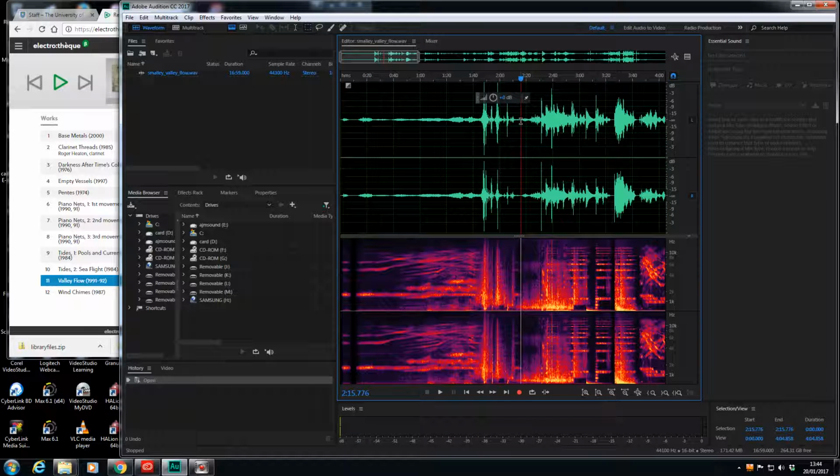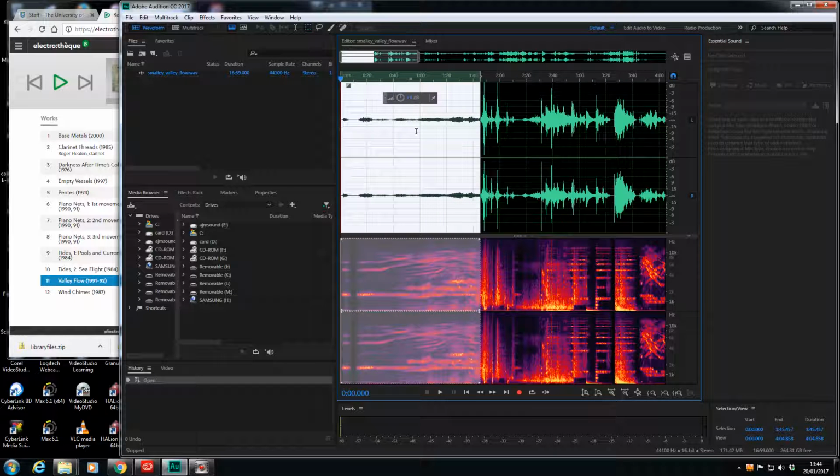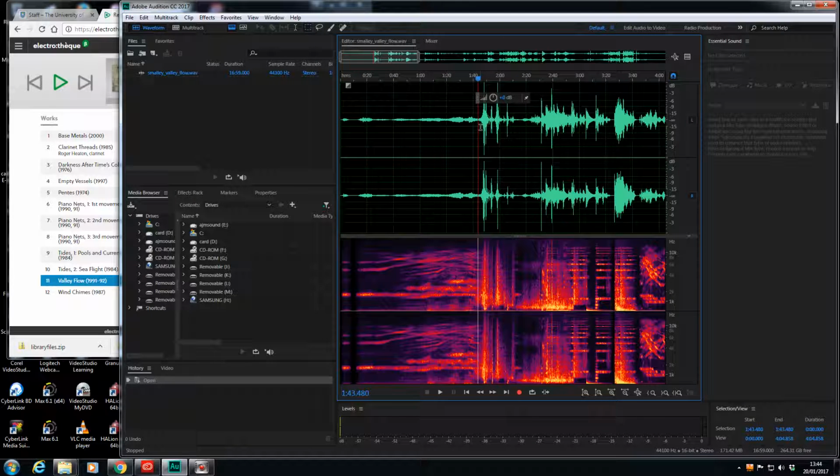So we've taken almost 2.5 minutes to develop an environment here, and then to anticipate and grow into a swell sort of sound. So very much akin to the way a wave of sound might come at you.